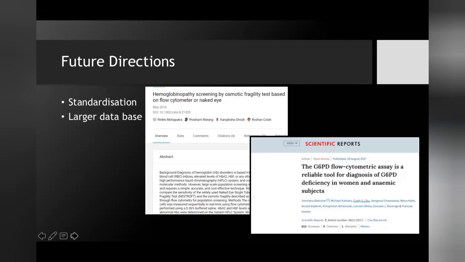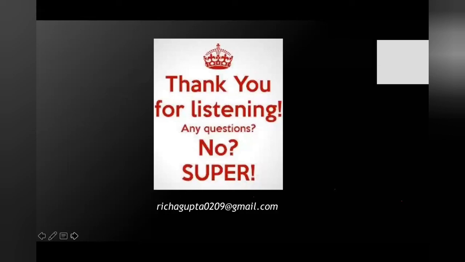The authors found that they were able to catch around 80% of the patients using flow cytometry based OFT. Then there is another publication where they have utilized a flow cytometric assay for evaluation of G6PD and to differentiate these subjects from anemic subjects. So these are some of the publications which have just come up, and that is all for today.